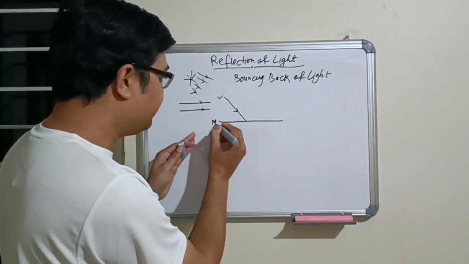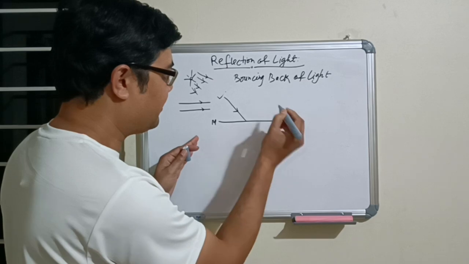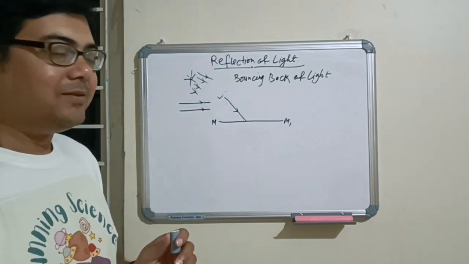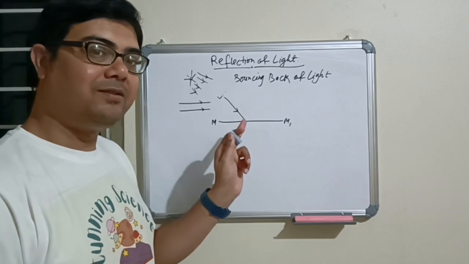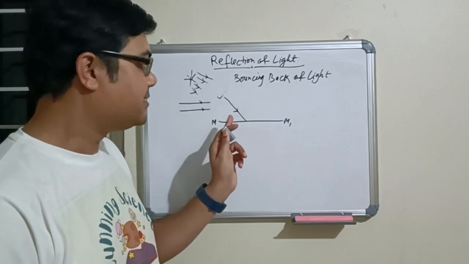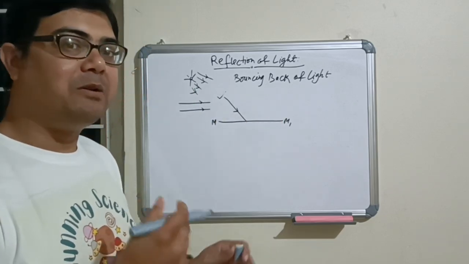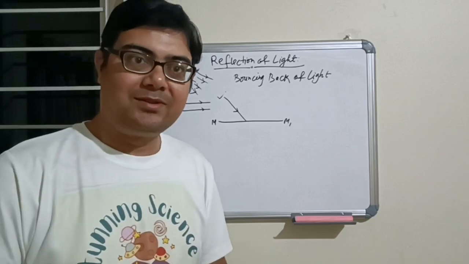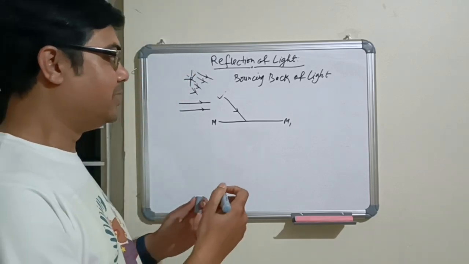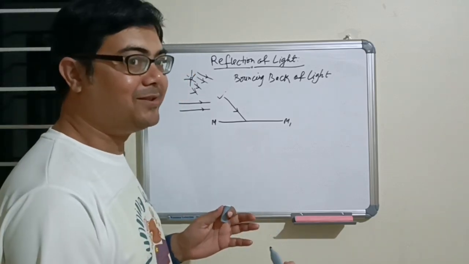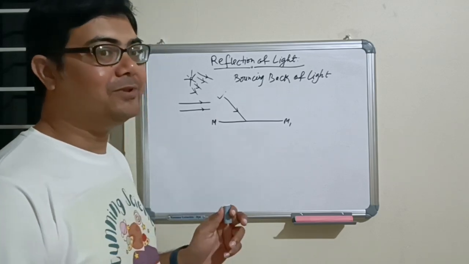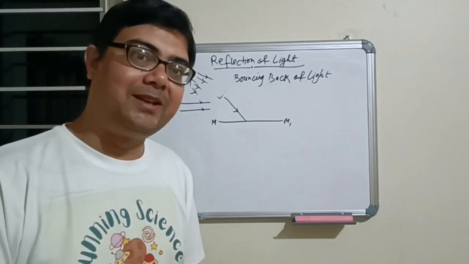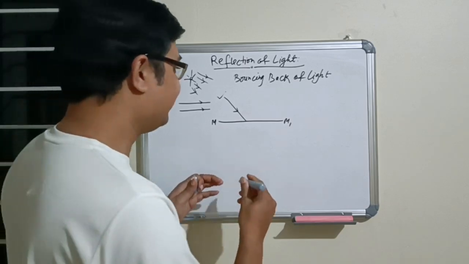It is called M1. So this is a smooth surface. After the light ray strikes the mirror, bouncing back of light will happen. It will reflect back from the mirror surface and move into another direction. Let us draw it.